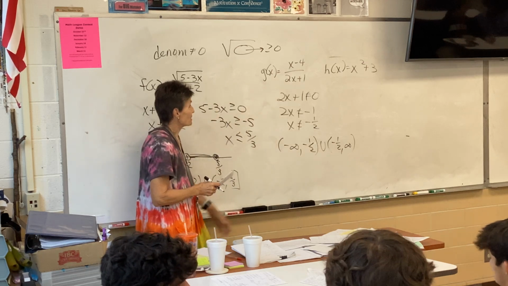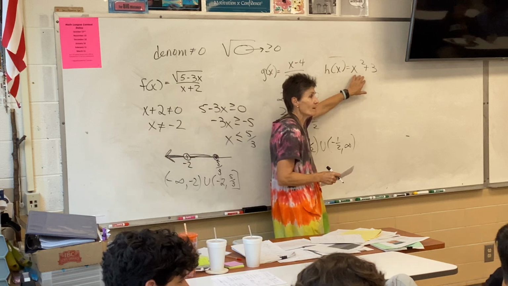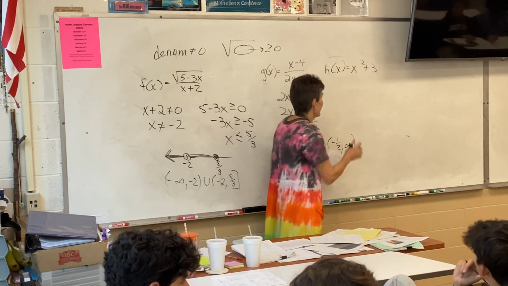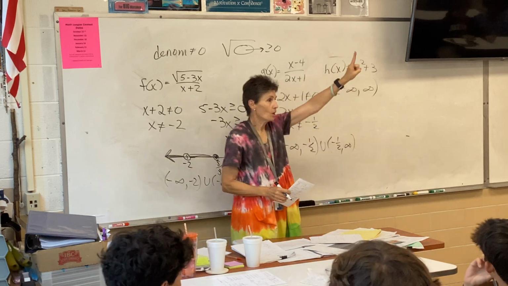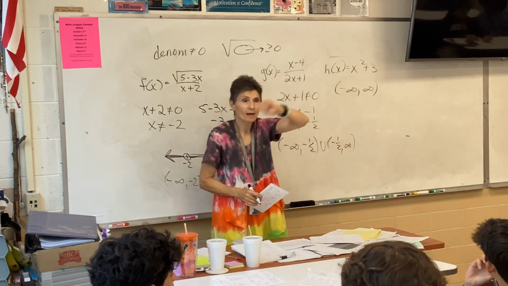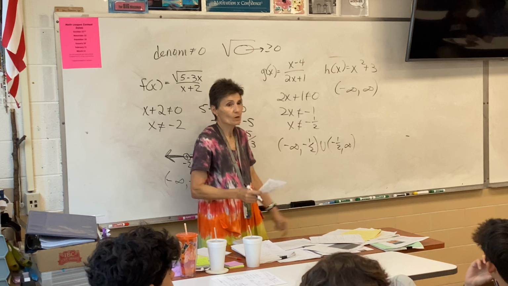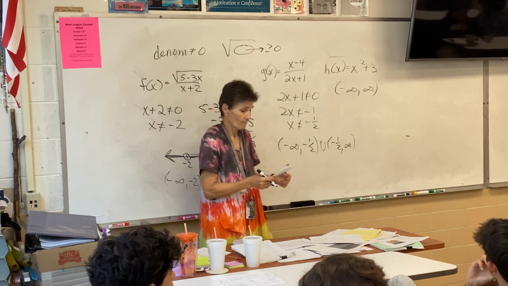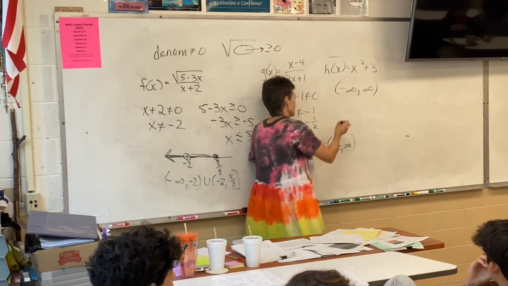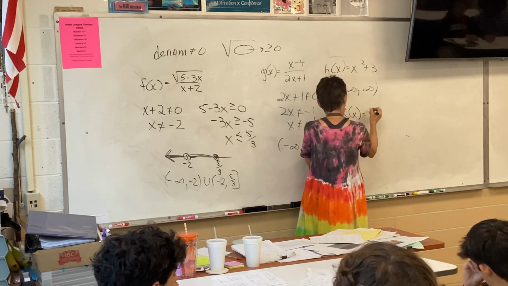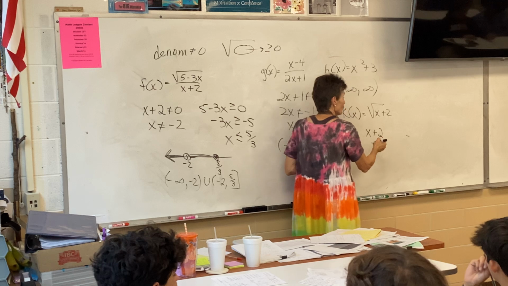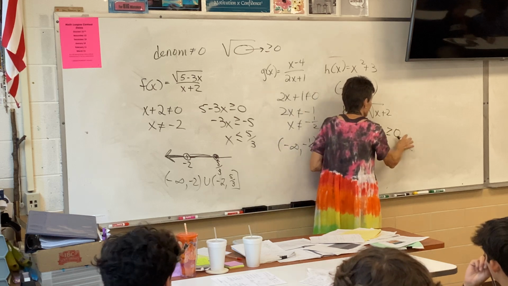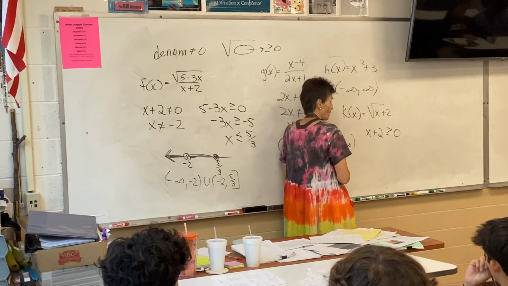All right, what about h? What's the domain here? All reals, all else. Why? Because there's no denominator, no radical, no square root. And k of x: x plus 2 has to be bigger than or equal to 0.